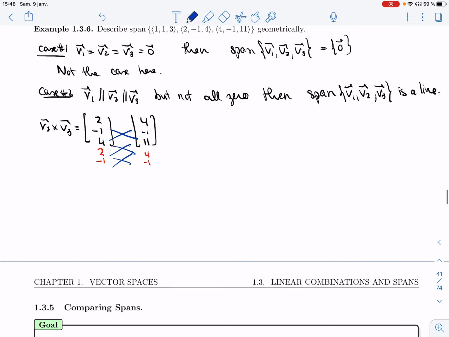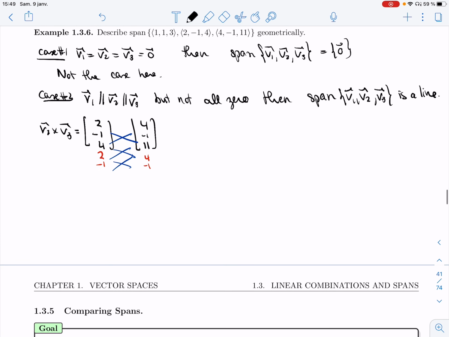I got minus 11 plus 4, so that's minus 7. 16 minus 22, that's minus 6. Minus 2 plus 4, that's 2. This isn't 0, so they're not all parallel. And so we're not in this case.